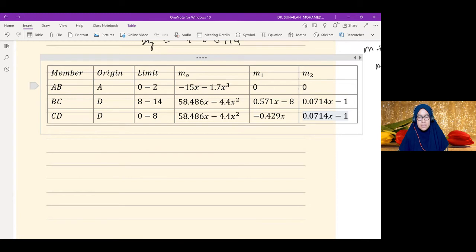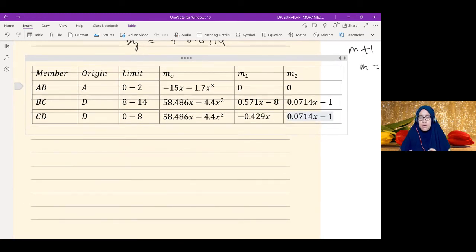Okay, so this is the moment equation from 3 systems: primary system, redundant 1, and redundant number 2. So from this, we will continue to calculate displacement.